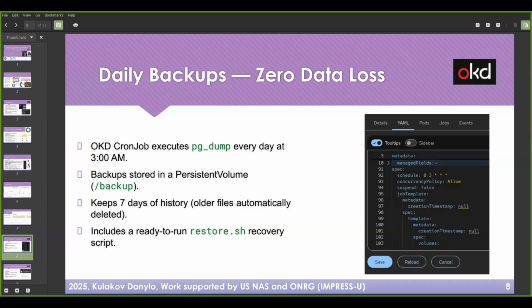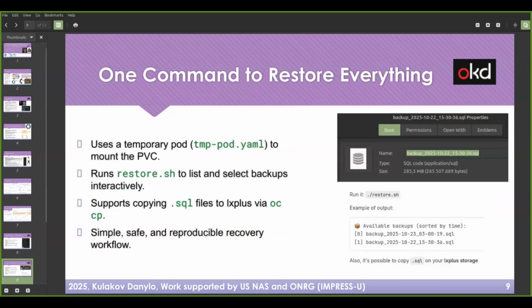That cron job makes a dump of our database into an SQL file and saves it for 7 days. And how to restore our backup? We just need to run restore.sh. We will see a list of available backups. We choose one, and it will be automatically restored. Simple and reproducible.